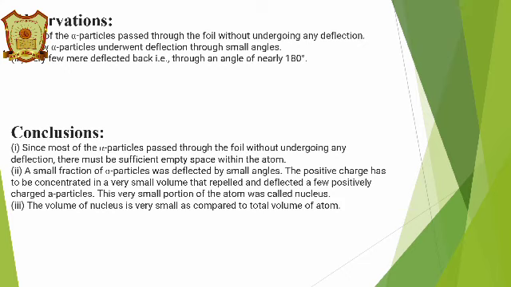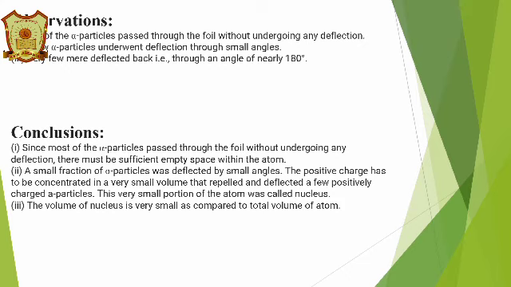Again, for the next part, since very few alpha particles are being deflected at an angle nearly 180 degrees, this means protons are present in a very small region. Very small region means the nucleus is very small.